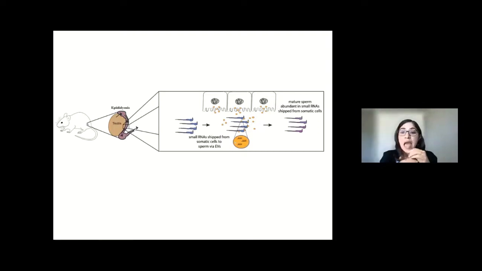And what we think is happening is that these cells are secreting small vesicles known as extracellular vesicles, small pockets which can package cargo and deliver it to other cells. So these small RNAs are generated by these cells, packaged into these small vesicles, which bind to sperm and deliver these small RNAs to them.